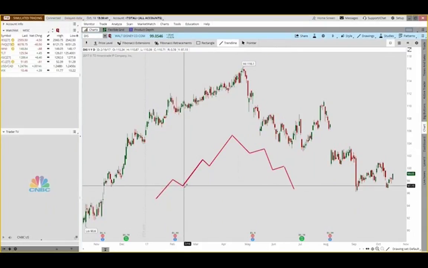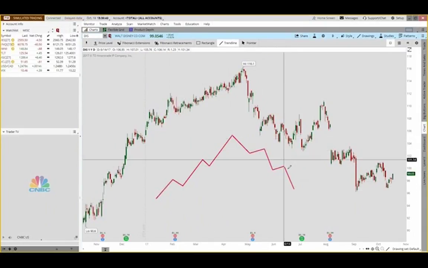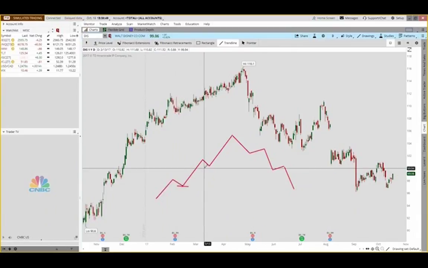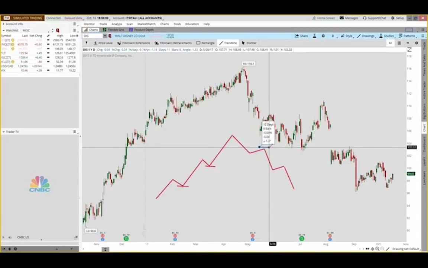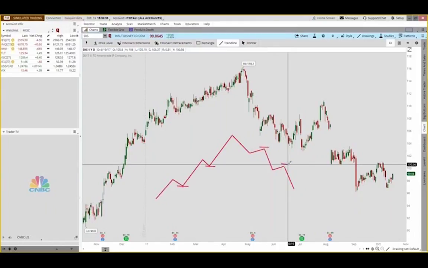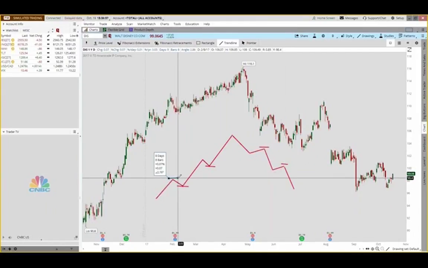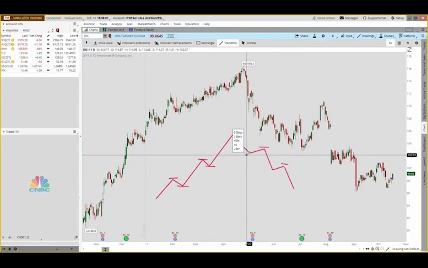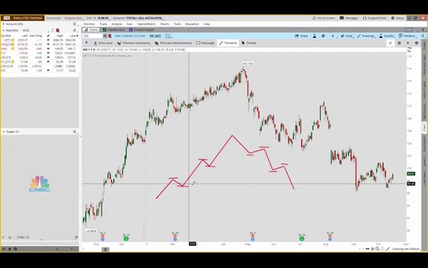So these points here are what we call pivots. These are the turning points. So pivot lows are here, pivot highs are here. Just like here, these are pivot highs and these are pivot lows. Okay? So it's that ebb and flow.